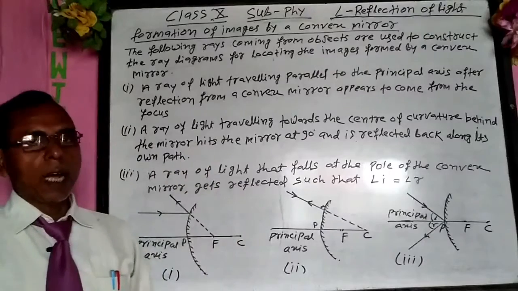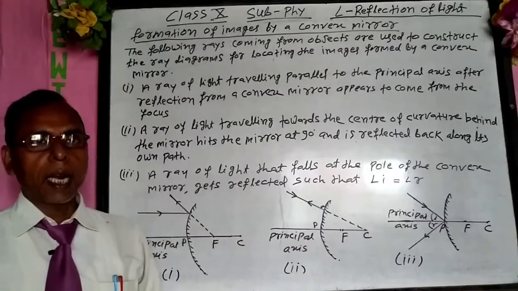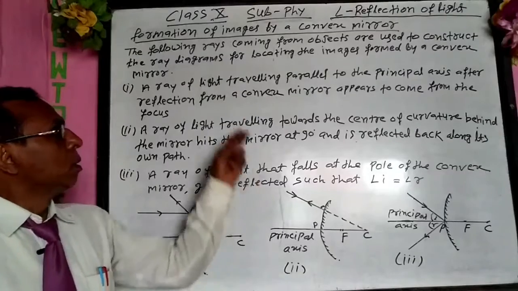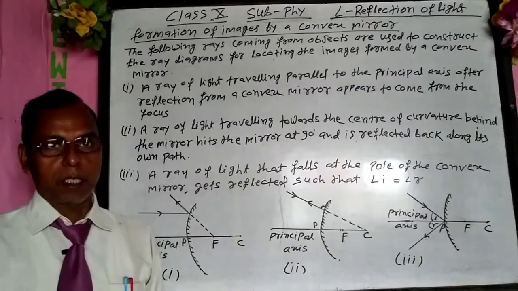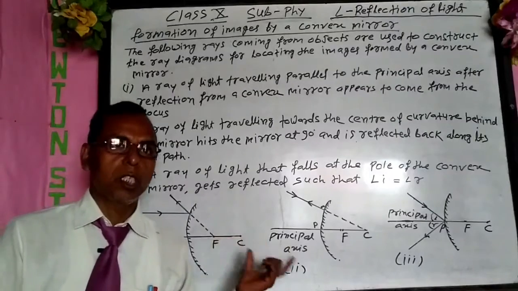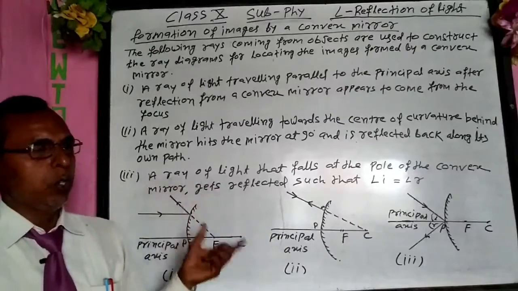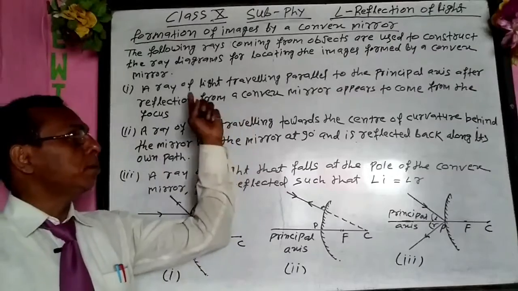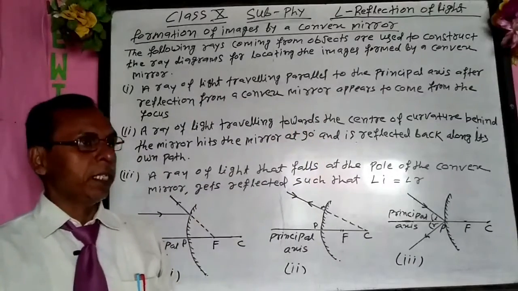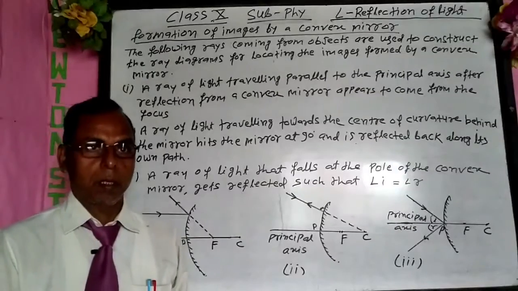These three rays are used to construct ray diagrams for locating the images formed by a convex mirror.